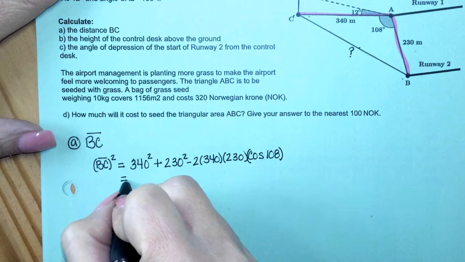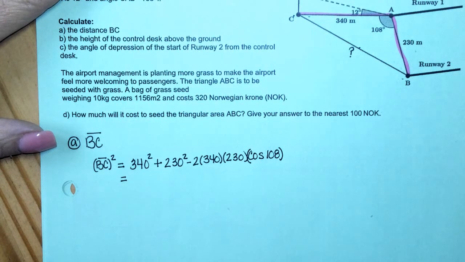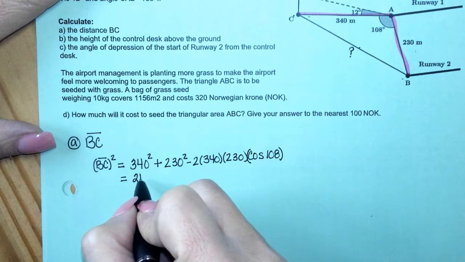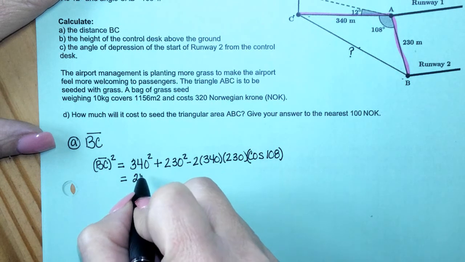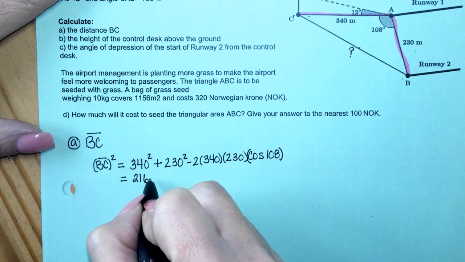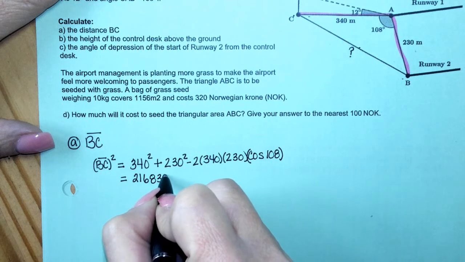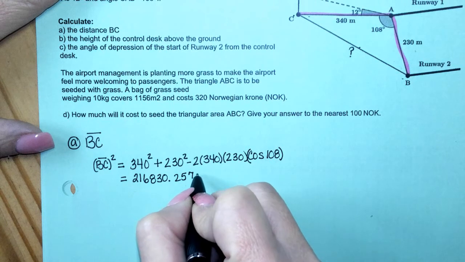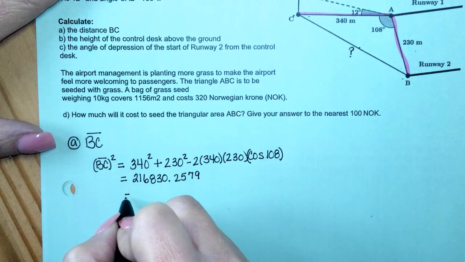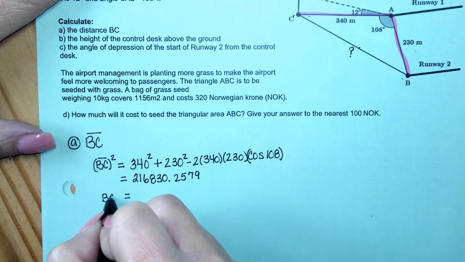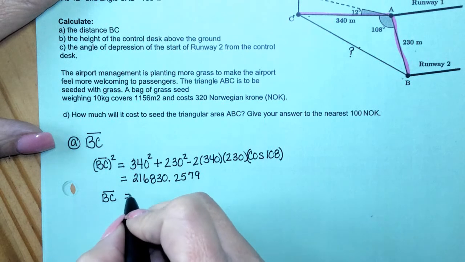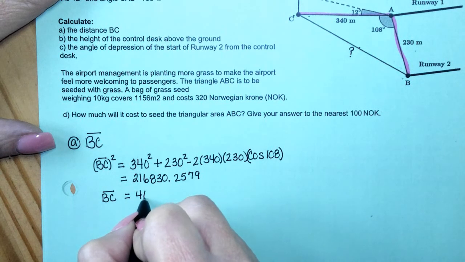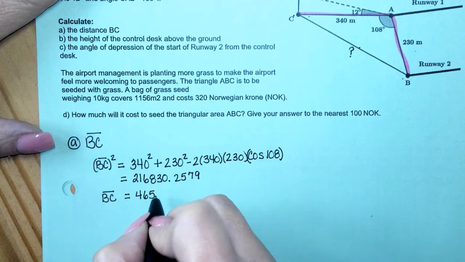All right, equals. When I put all that in my calculator, this is what I got: 216,830.2579. I took the square root of it, and I got that BC is 465.65.